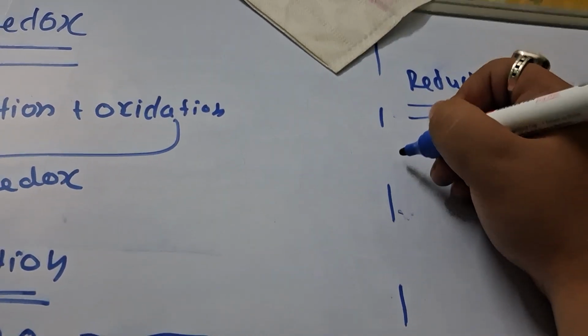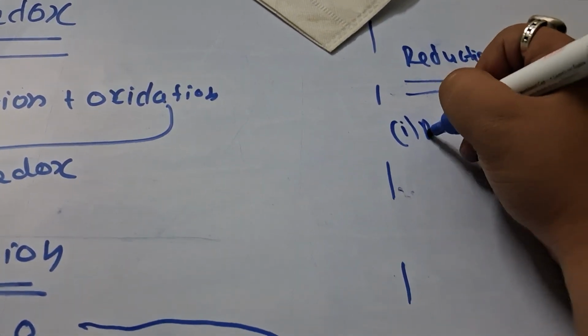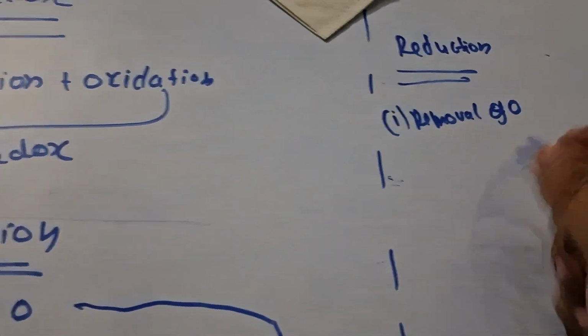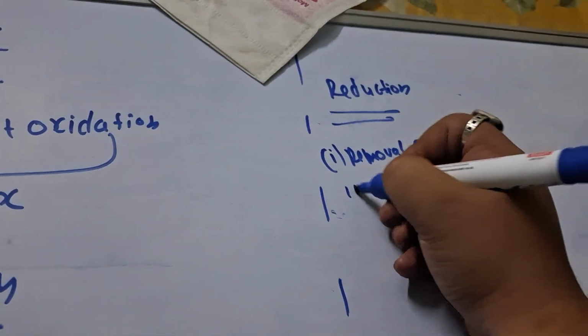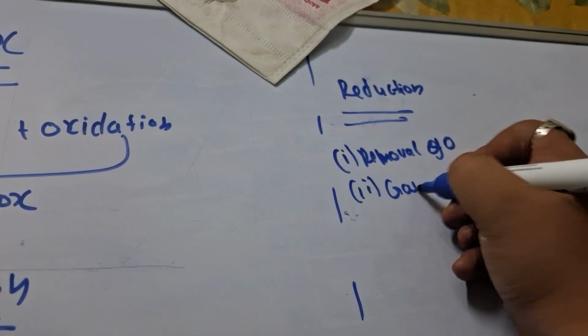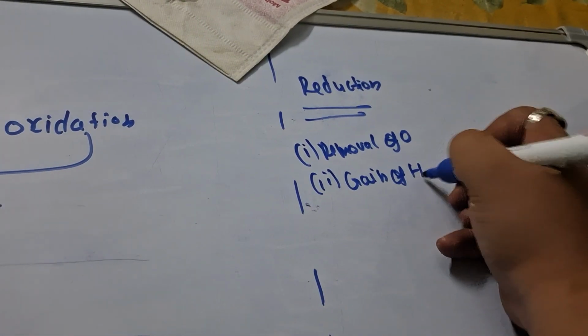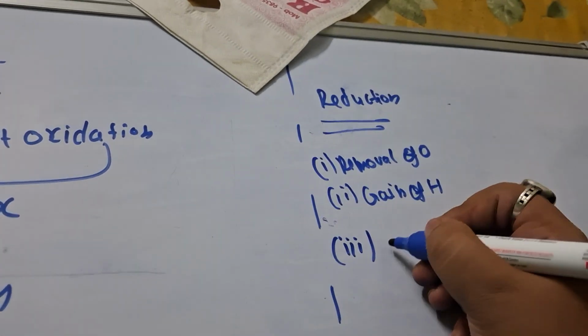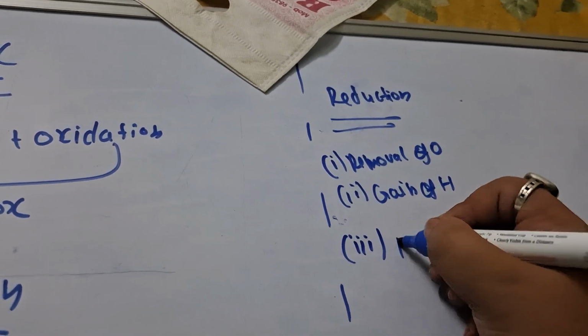So we can say number one, removal of oxygen. This is basically the inverse of gain of hydrogen. Three, addition of electropositive element.